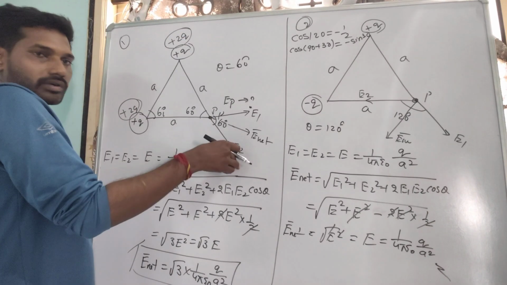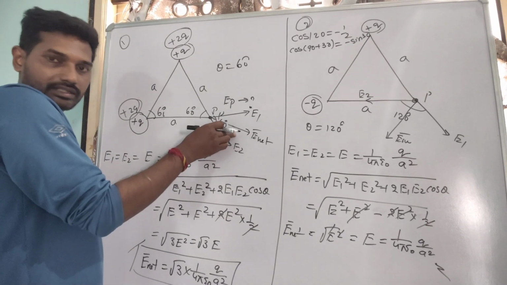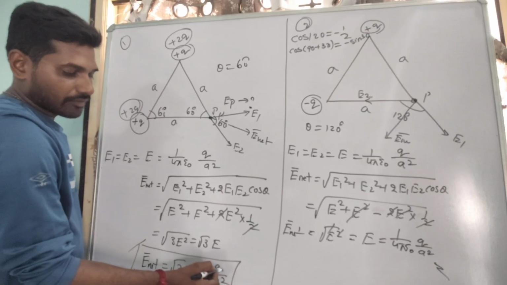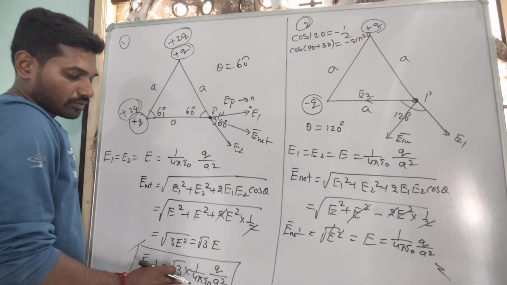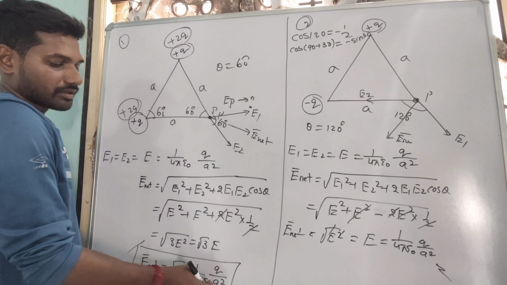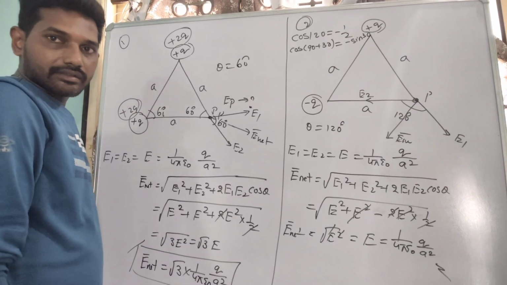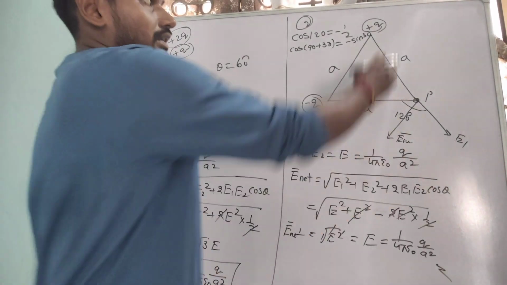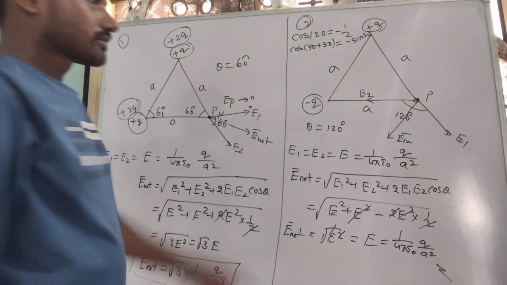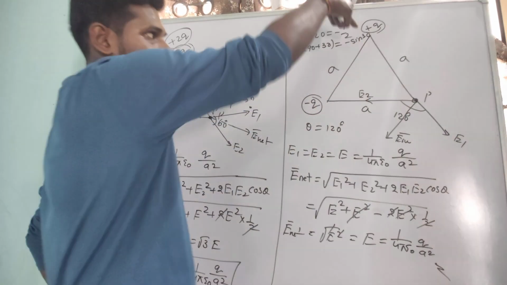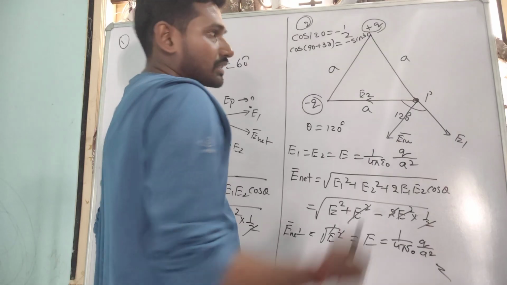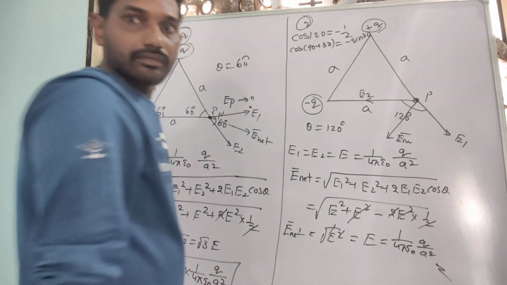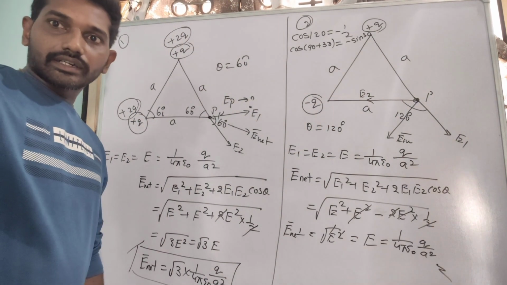The formula is root 3, and instead of Q you take 2Q: root 3 into 1 by 4 pi epsilon 2Q by A square. Clear? If they change it to 10Q, you can take 10Q. Then here plus Q, here minus Q. The positive charge electric field is radially outward E1, and the negative charge is radially inward, so the angle of inclination should be 120 degrees.